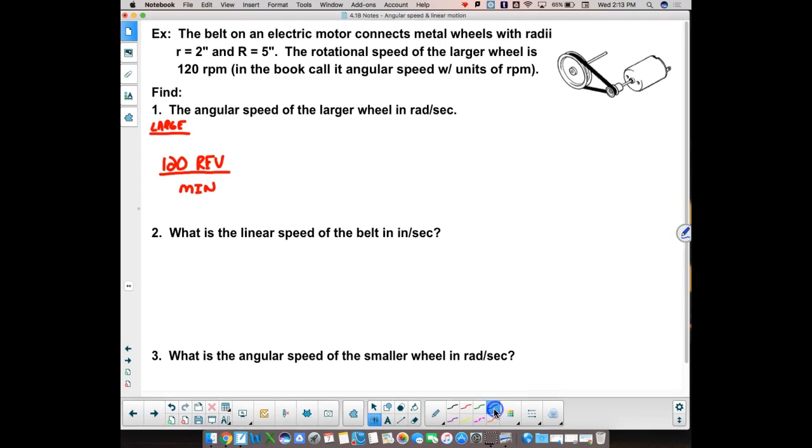I want to get that into radians per second. What do you want to tweak first? Revolutions or minutes? Neither one of them shows up in the other one. What do you want to tweak first? Radians? Okay. So how many radians is one revolution? 2 pi.